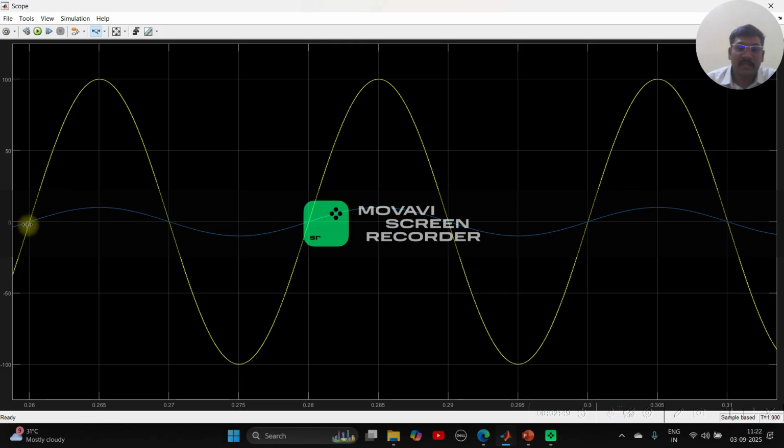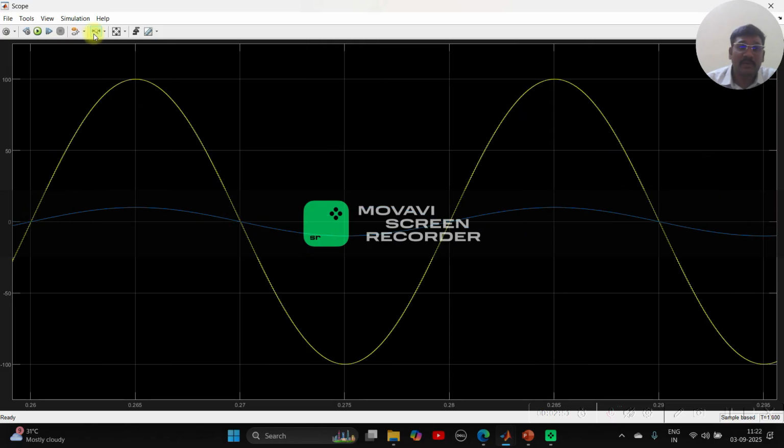The magnitude of the waveform may vary depending on the load connected to the circuit, but when you look at the phase angle difference between these two waveforms, there is none. The phase angle difference between these two is 0.